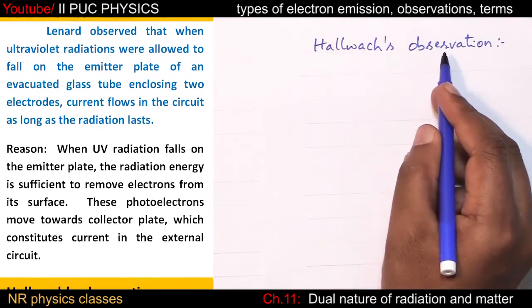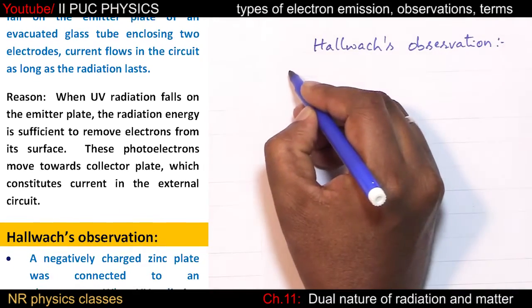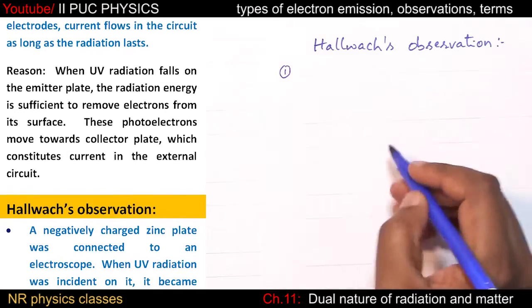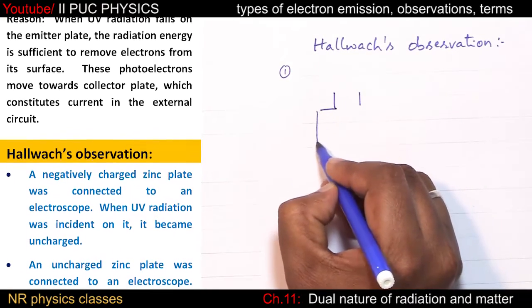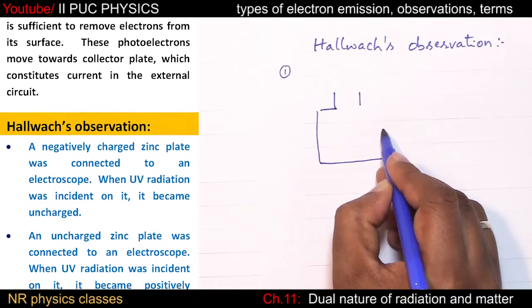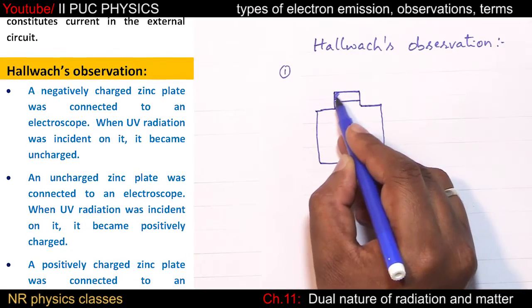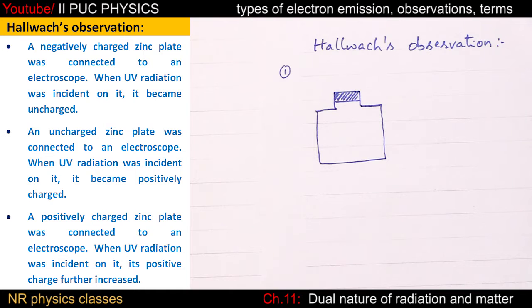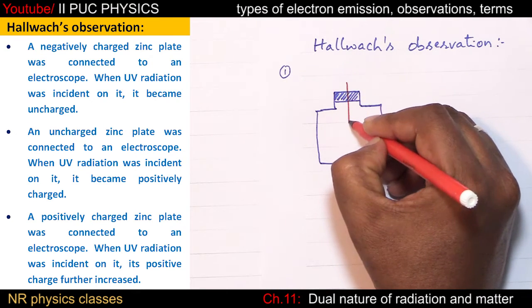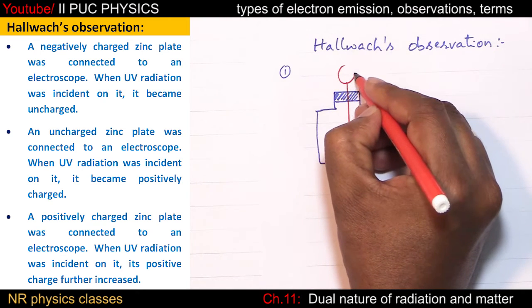Hallwachs's observation. In this first observation, this is an electroscope, a glass jar, a cork to seal the jar, this is a conductor, a hook, this is a metal sphere.